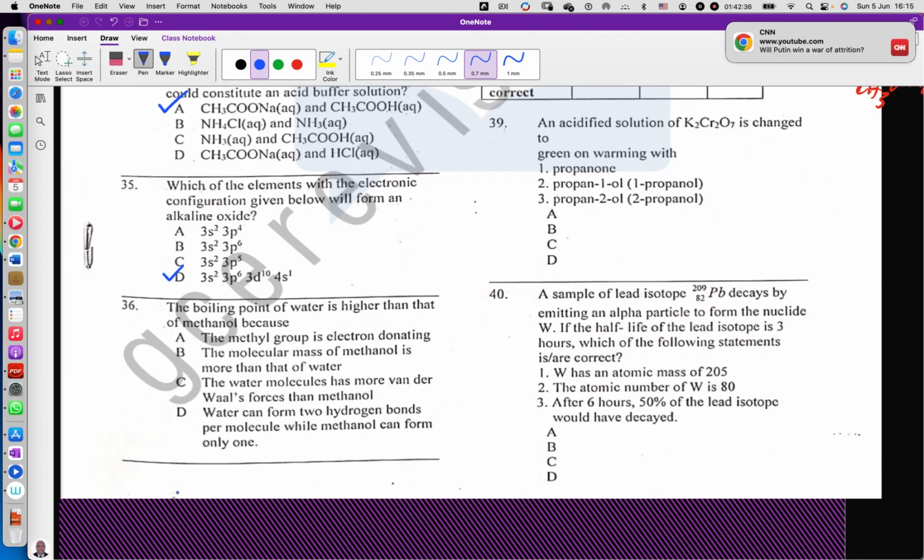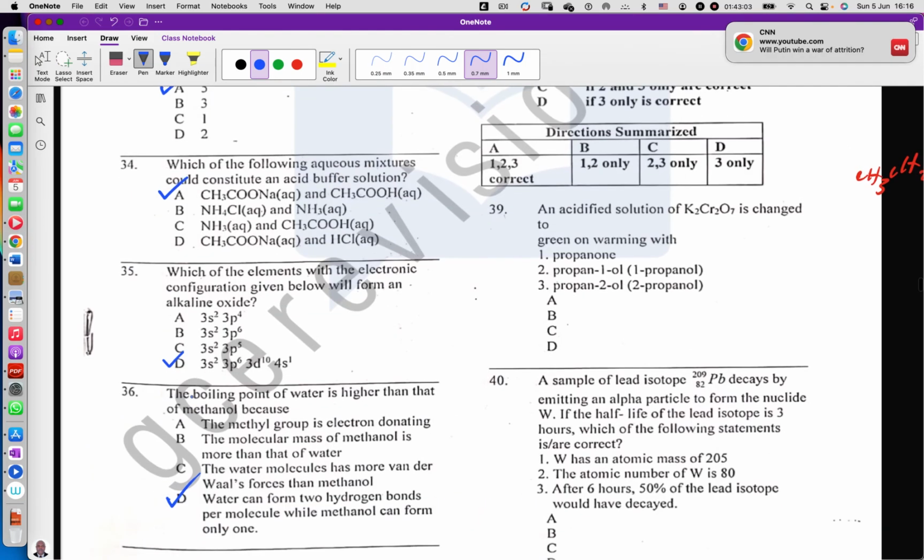Oh yes, that one is acceptable if there is no better answer. D, water can form 2 hydrogen bonds per molecule while methanol can form only 1. D is the right answer.